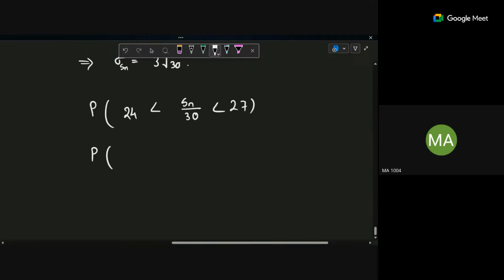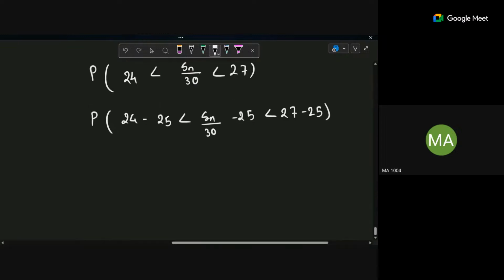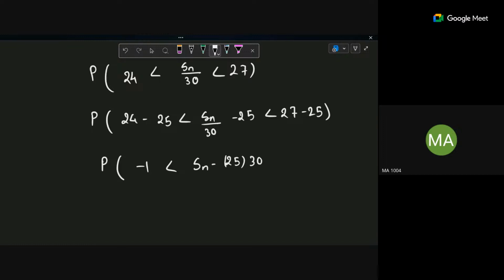So 24 minus 25, then Sn by 30 minus 25, then 27 minus 25. If I just solve it, I will get S30 minus 25 into 30. This was my expectation, right? 25 into 30 is the mean or expectation, whatever you say.